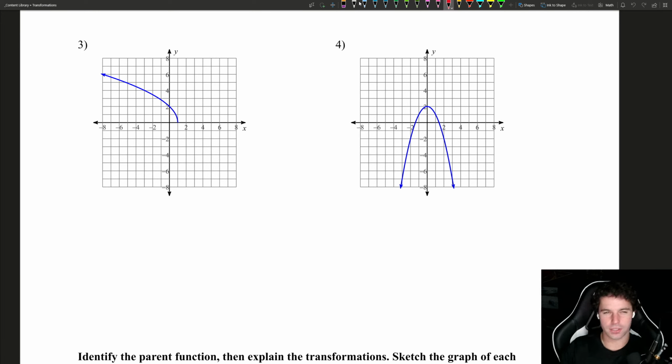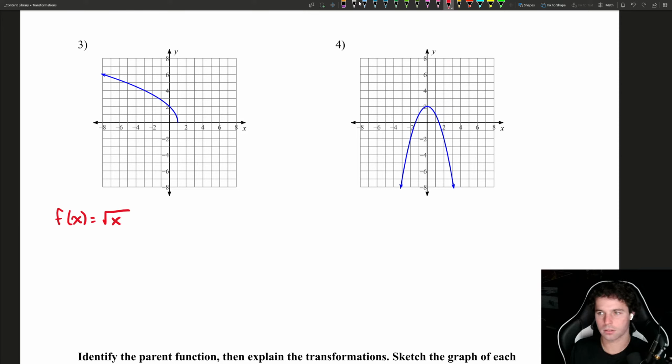There's a couple of things we've got to do. First thing, identify the parent function. We should know that that looks like the square root, so our parent function is square root of x. That's easy enough. It is not going the right direction, so there is a reflection. Originally it would go this way, so this is going to be a reflection about the y-axis.